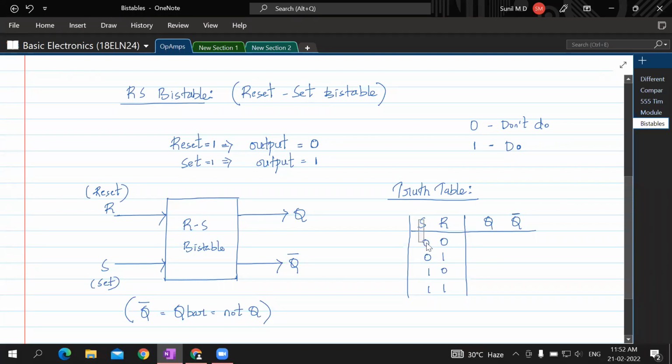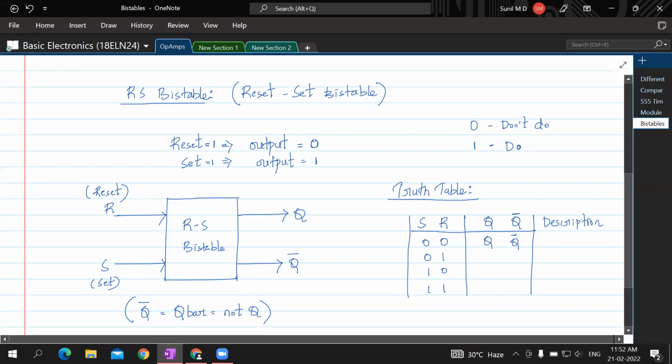So S is 0 means don't set, and R is 0 means don't reset. So this is how one needs to see it logically. Everybody understand? So this particular combination of S R tells us not to set and not to reset. So we are not setting and we are not resetting, which means these outputs will not change. So Q would be Q, Q bar would be Q bar. Let's see the description of this. Description: no change.